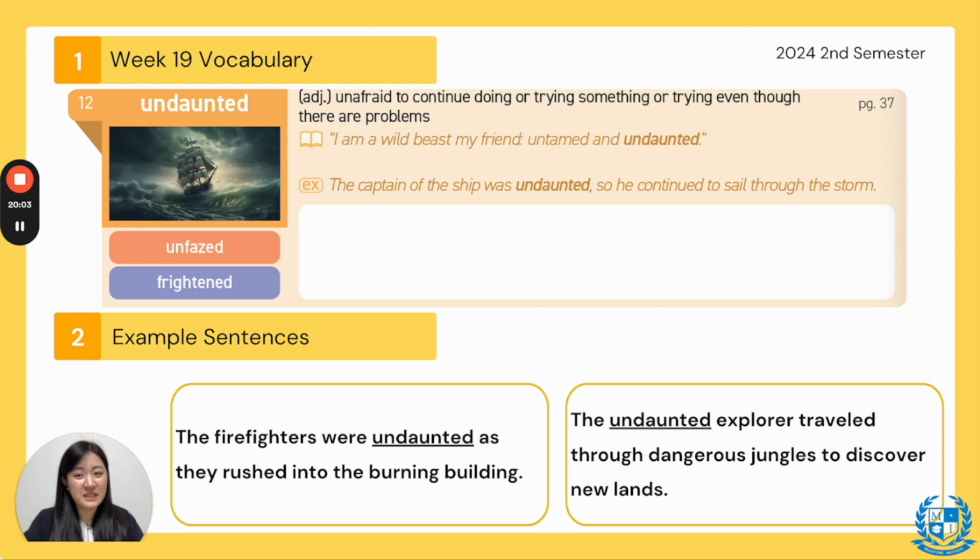Yes, imagine if we had firefighters who are always scared to go into a burning building. Then they wouldn't be able to save anyone. But here they are undaunted. They're unfazed, unafraid. Next one, it says the undaunted explorer traveled through dangerous jungles to discover new lands. Again, it's another word for saying brave or unfazed or unafraid.